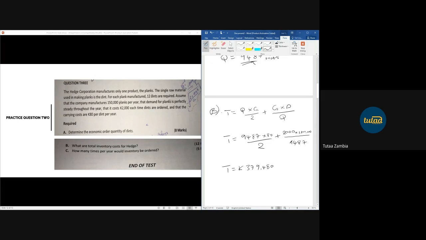On the other side, what do we get when we multiply 2,000 times 1,800,000 divided by 9,487? It gives us 379,466.64.